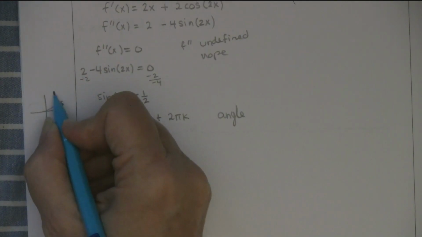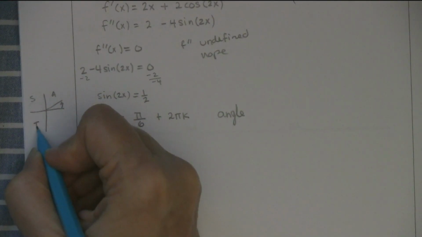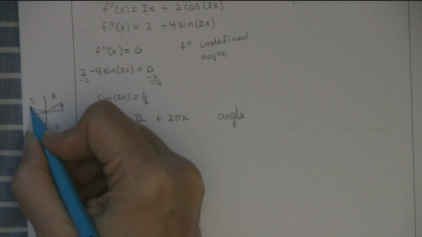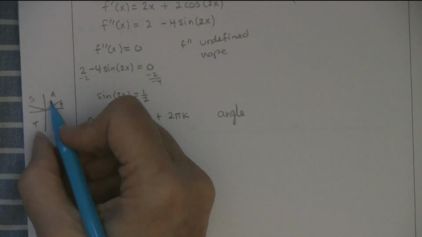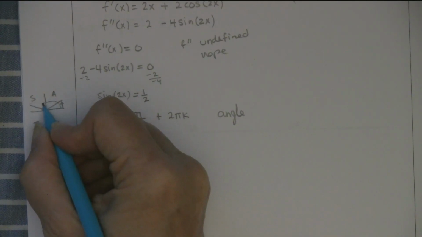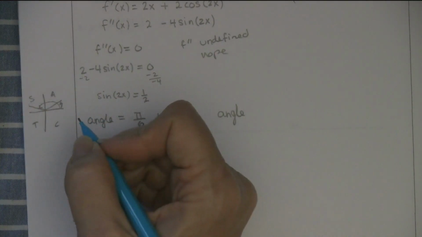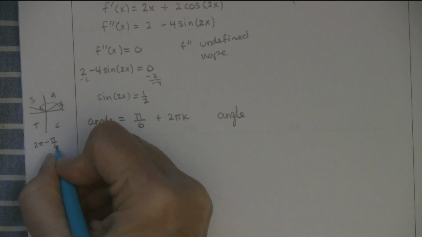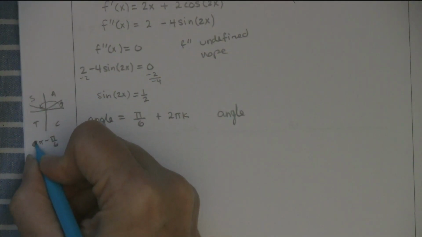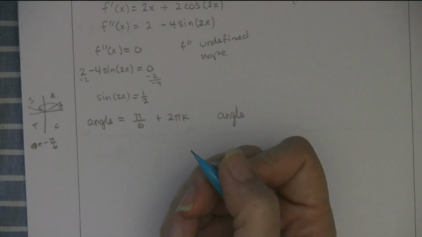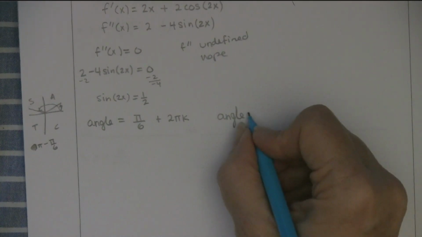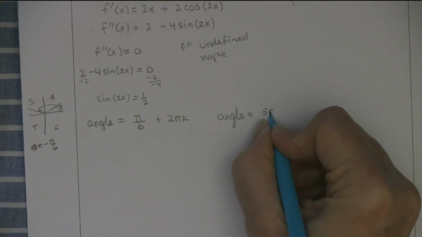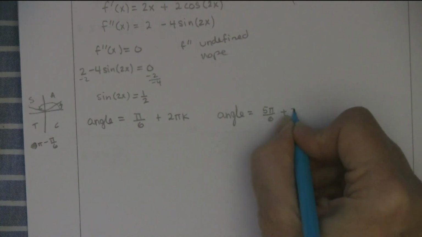And then there's one, because all students take calculus, there's one that's in the second quadrant where the sine is also positive, and it's that angle right there. And that angle is 2 pi minus pi over 6, which, oh no, not 2 pi, pi minus pi over 6, which is 5 pi over 6, plus 2 pi k.